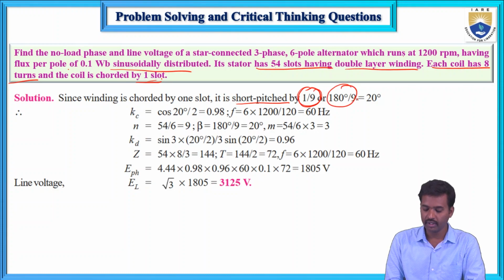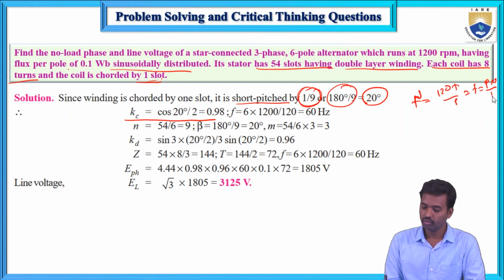So 180 by 9 equals 20. So KC equals cos alpha by 2, that value equals 0.98. And F equals P into N by 120. So that value equals this one.